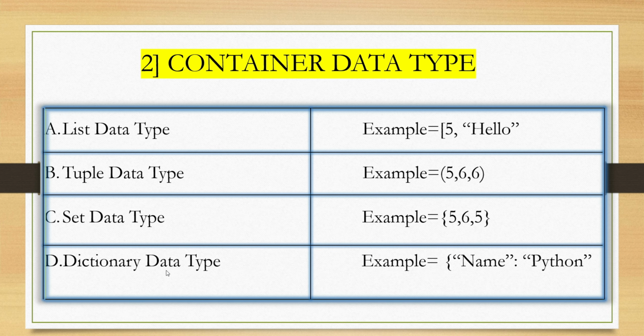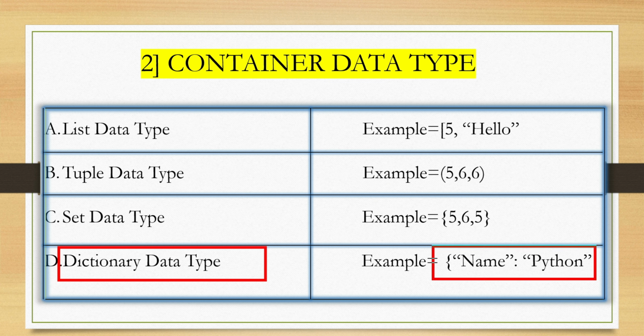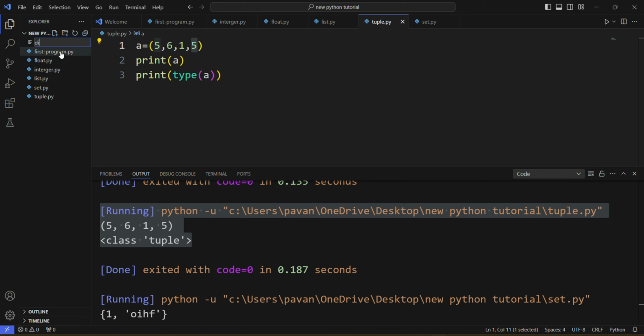Now, the last type of data is dictionary type. Dictionary type data is contained in a flower bracket with colons. Dictionary, I will write it as a shortcut, dict, and print it.